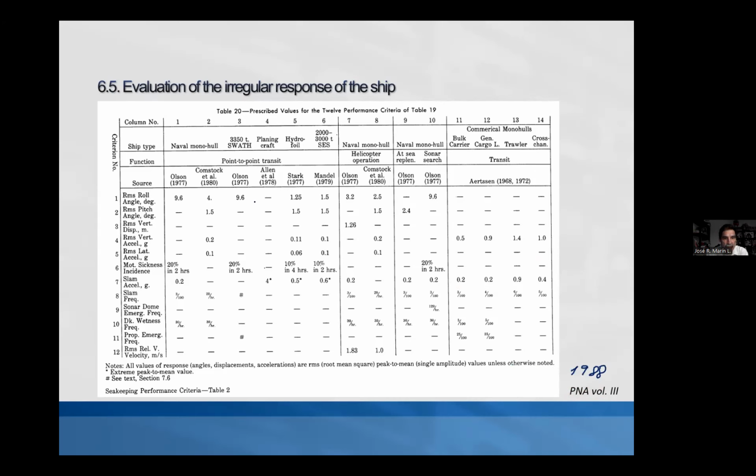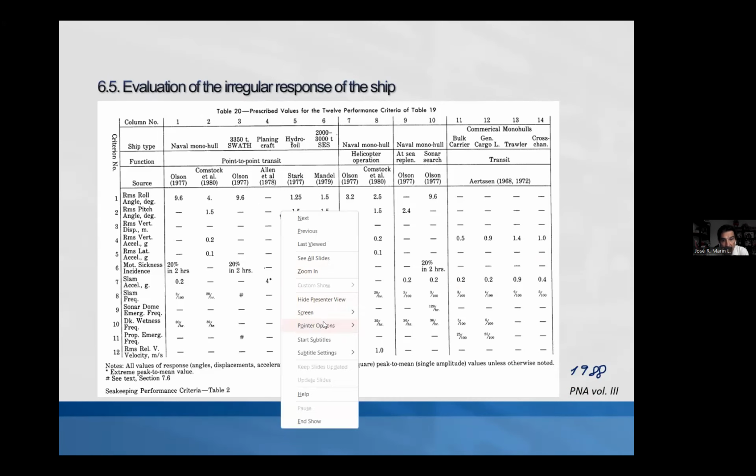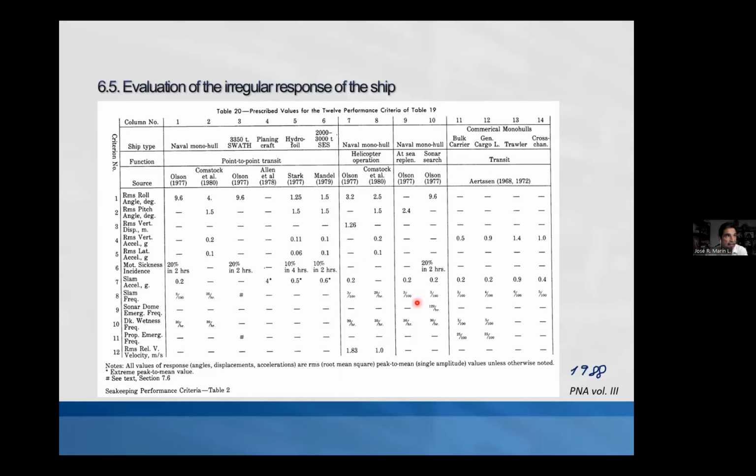What we have here is a summary of a lot of sources of information. You see here, these are the sources, and we have a list of parameters that you can employ in order to evaluate this type of ships.